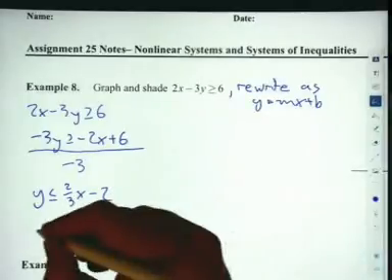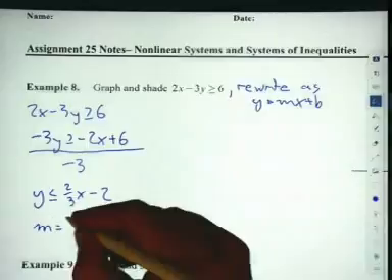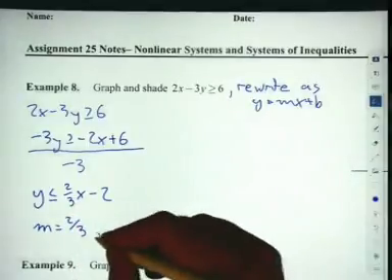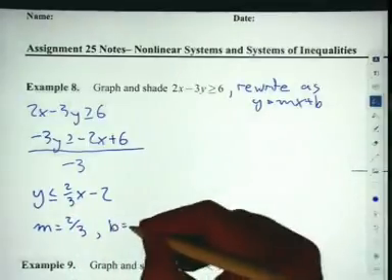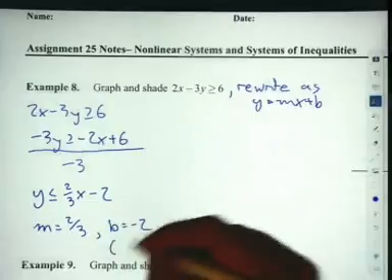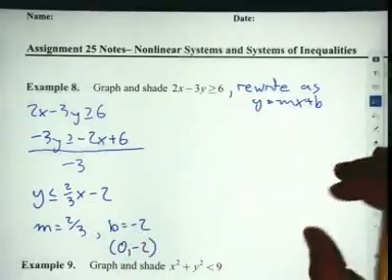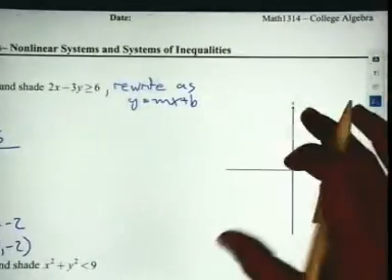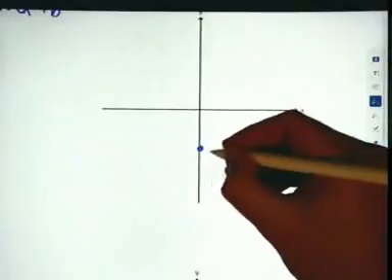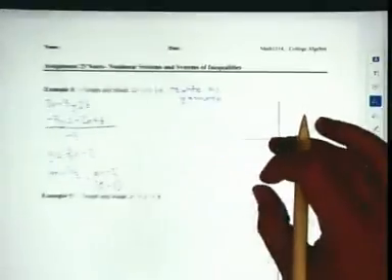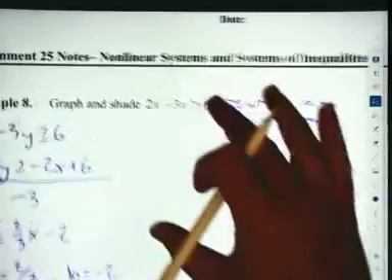Looking at this, my slope is 2/3 and my b is negative 2, so my starting point is at 0, negative 2. Let's graph. A couple of quick things.